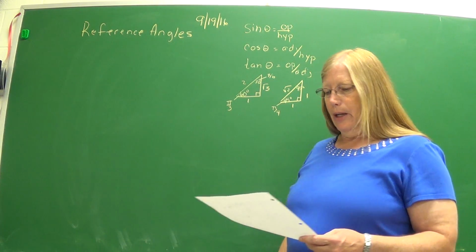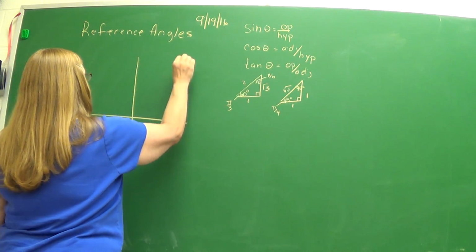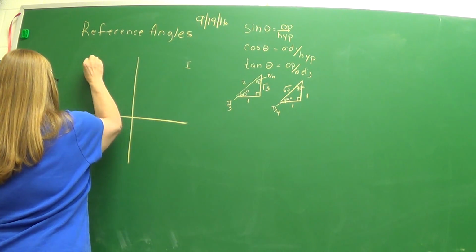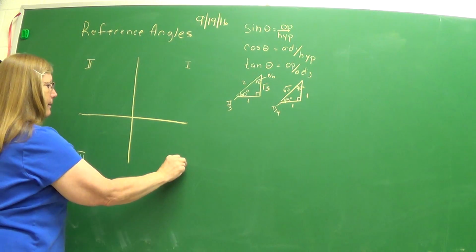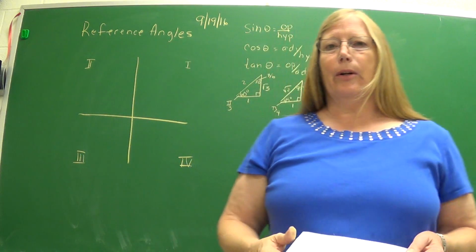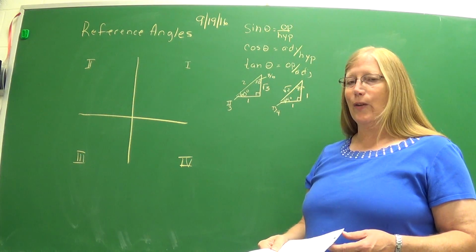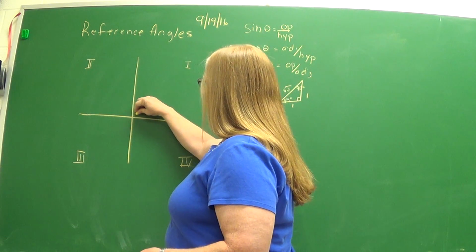All right, so give yourself a coordinate plane. And recall this is coordinate quadrant 1, 2, 3, and 4. Those quadrants are going to hold some secrets for us. We're going to start in quadrant 1 with a triangle.